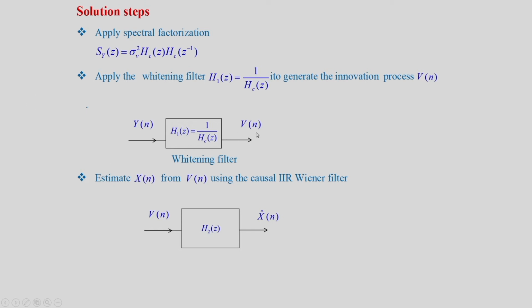Now, Vn is an uncorrelated sequence. It is easy to estimate x hat from this Vn sequence. So, we will estimate x hat from Vn by using the causal IIR Wiener filter principle. So, Vn you pass it through H2Z, we will get x hat n.